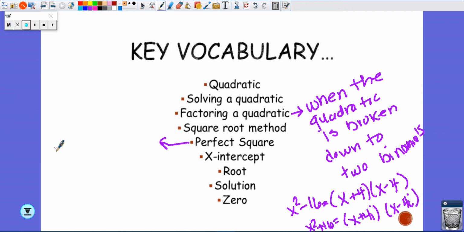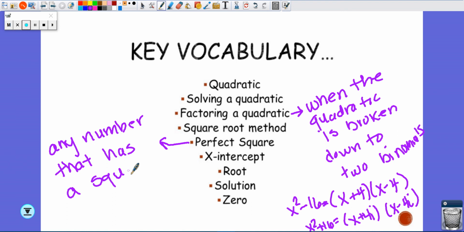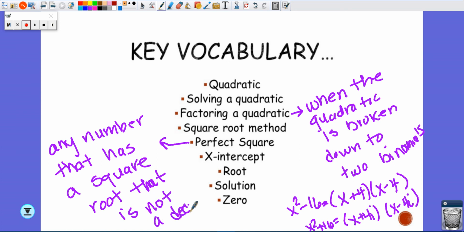A perfect square is any number that has a square root that is not a decimal.